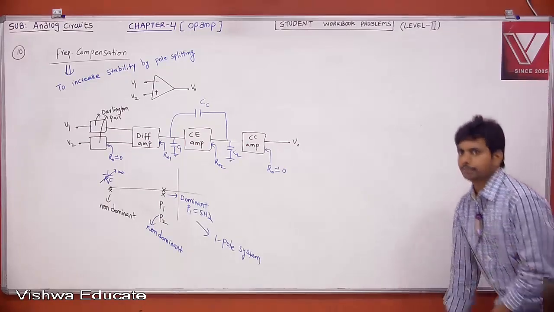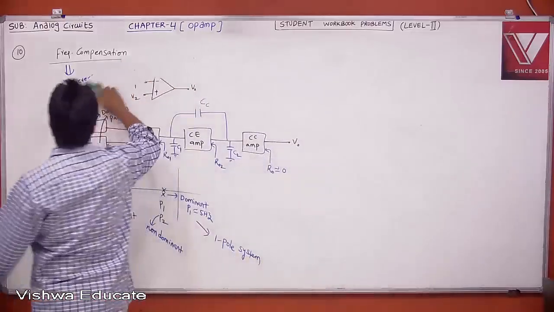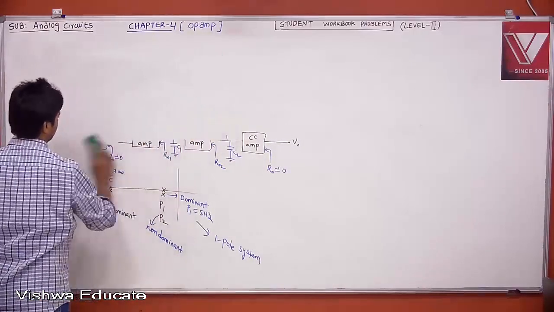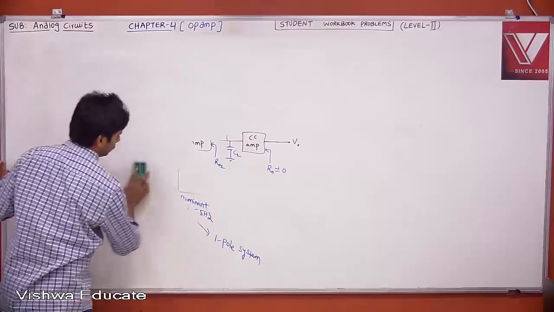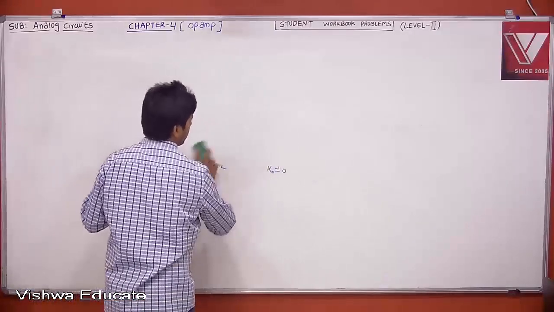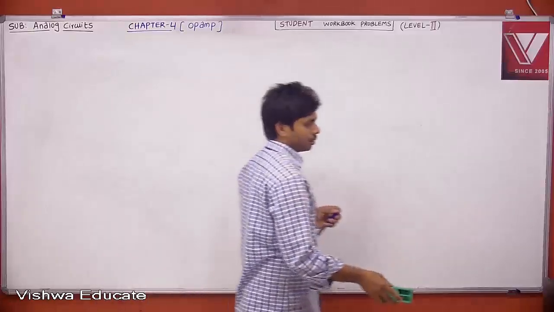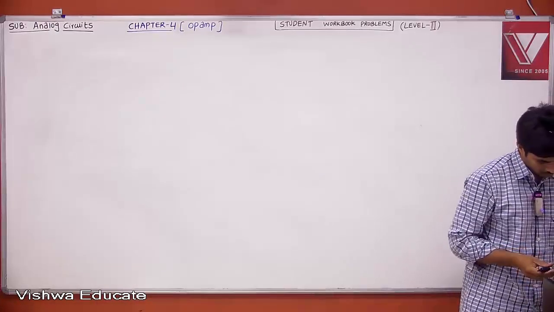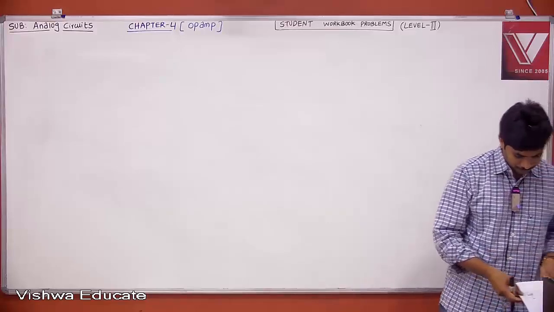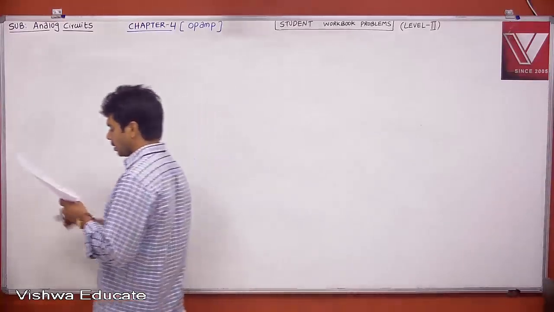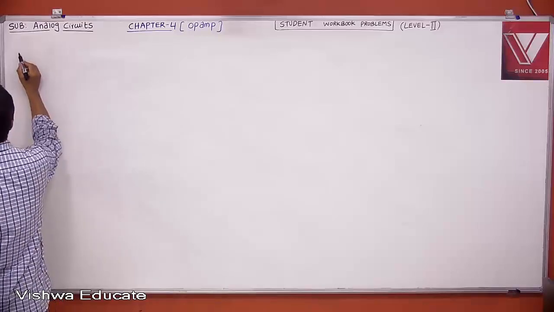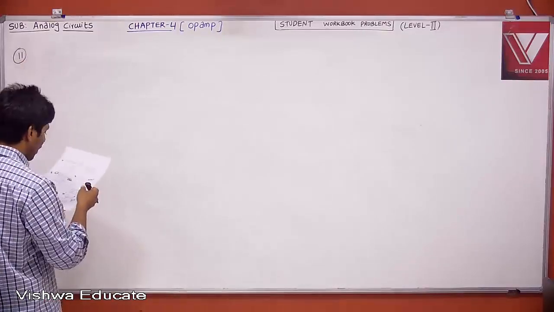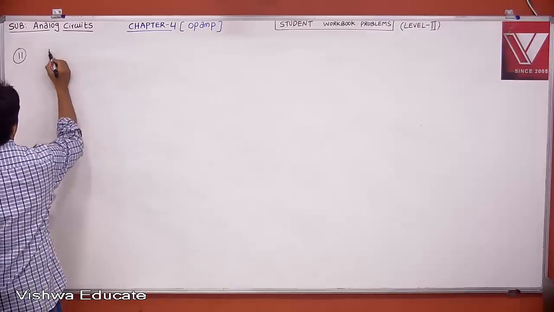Now problem number 11. In the given circuit from the figure, if the voltage inputs V minus and V plus are to be amplified by the same amplification factor, then the value of R should be.